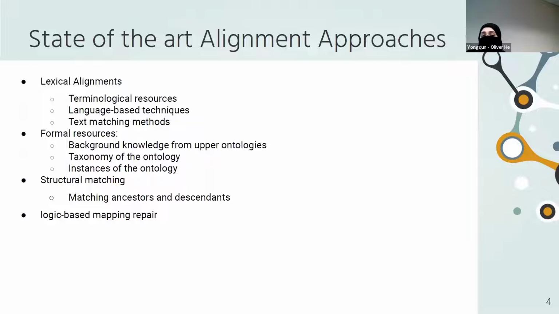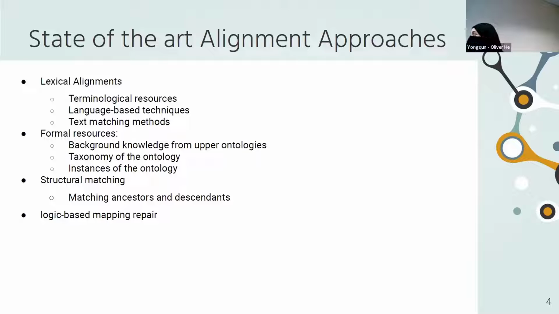The state-of-the-art alignment approaches basically cover these main approaches. Firstly, most of them do some lexical alignment, and they use different ways to do this. Maybe they use resources outside the ontologies, like terminological resources such as dictionaries, language-based techniques, and text matching methods. They also use formal resources.